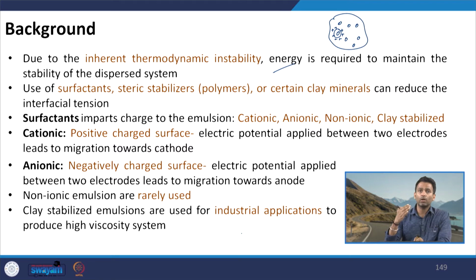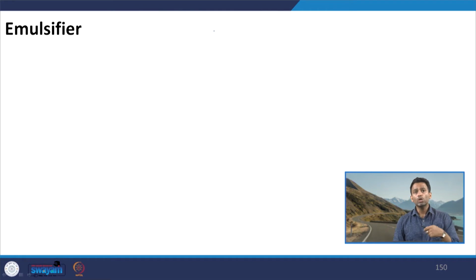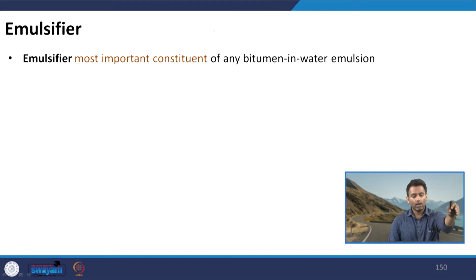They can reduce the interfacial tension and keep the bitumen particles properly dispersed. But these type of emulsions are basically used for industrial application to produce very high viscosity system, which we are not aiming for when we discuss about bitumen emulsion used for paving application. So, we will keep our discussion aligned towards cationic emulsion and anionic emulsion.